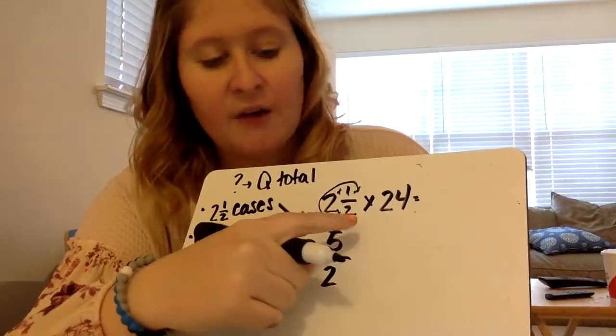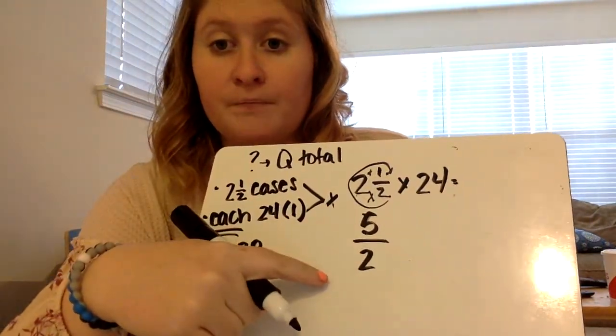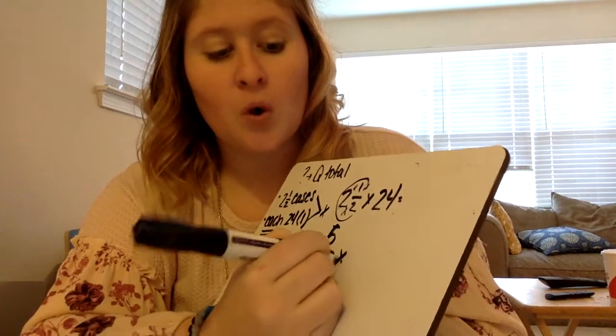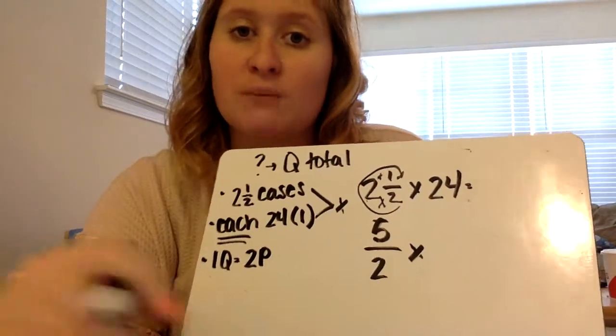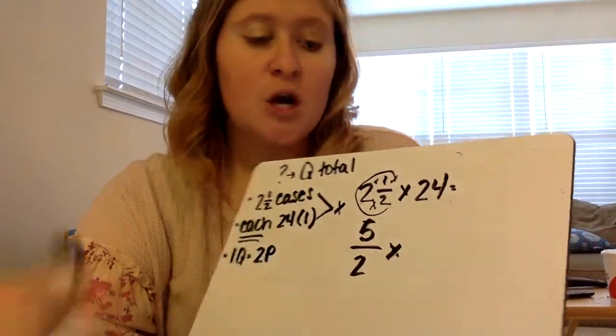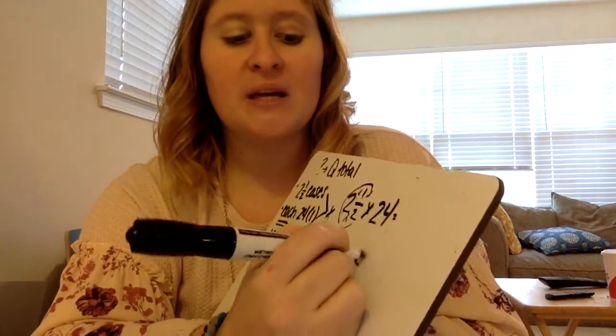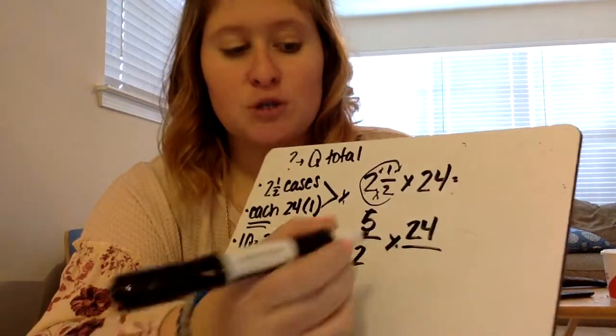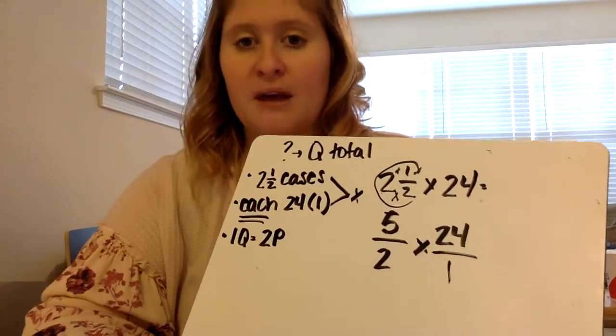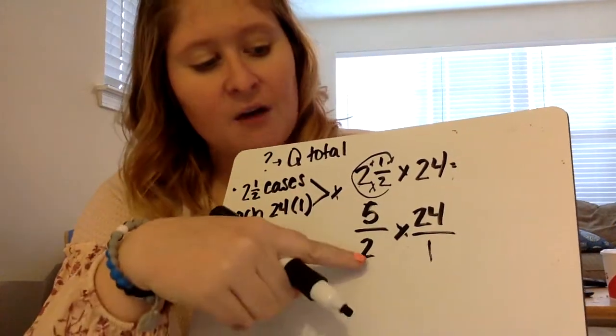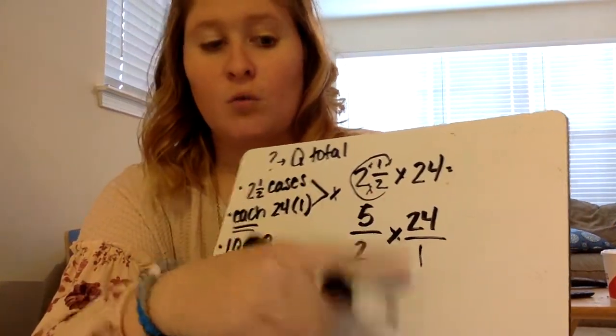So 2.5 turns into 5 over 2. Then I look to the 24. Well, I know it has to stay a fraction because we only know how to multiply fractions. So think about if it's a whole number, for me to leave it the same value, I'm just going to put a 1 underneath it. So now I have 5 halves times 24 over 1.